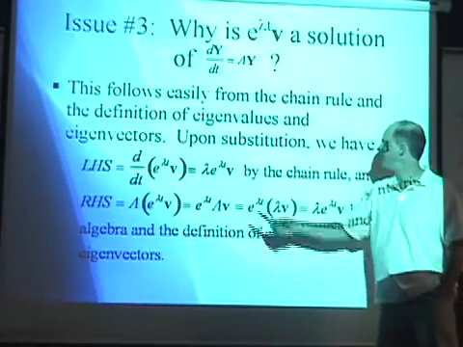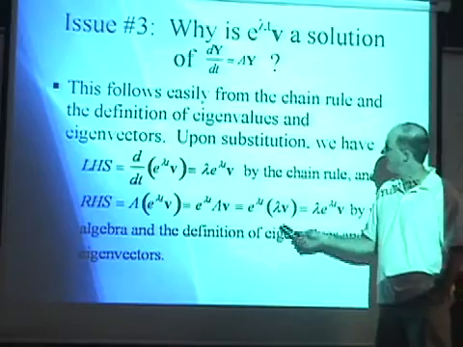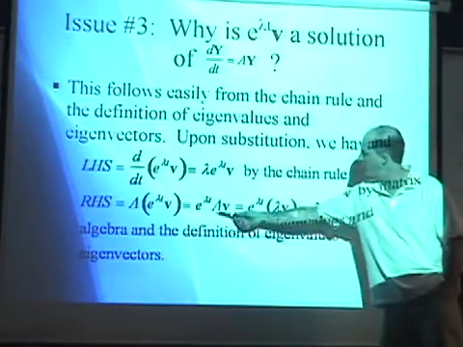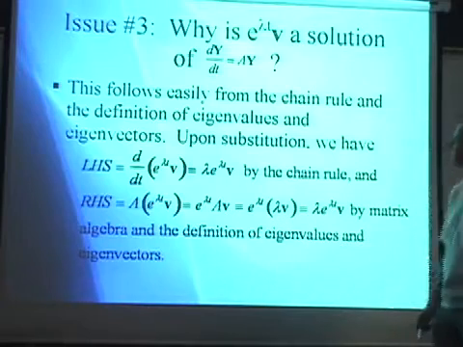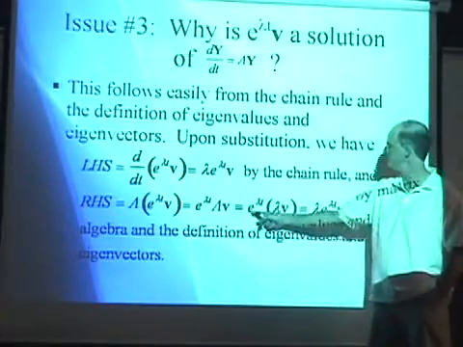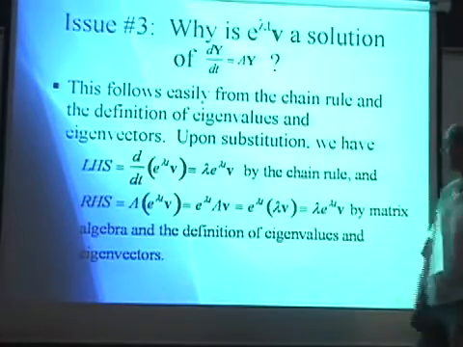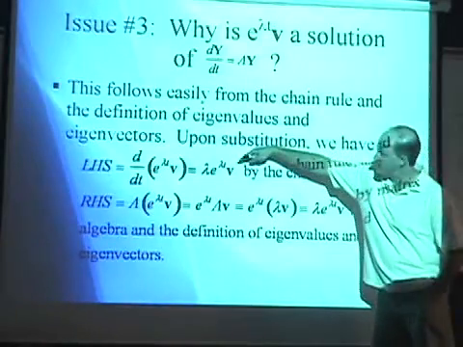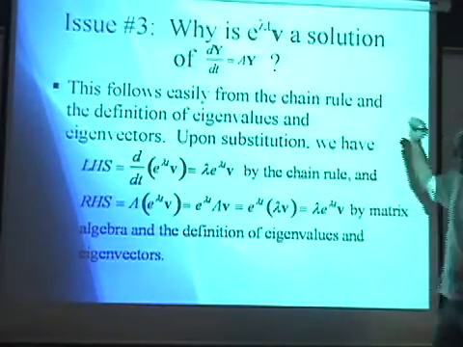Now use the fact that v is assumed to be an eigenvector for some eigenvalue lambda, so therefore we can replace A times v with lambda times v. And then once again use a multiplicative commutative property to rearrange this, switch around the lambda and the e to the lambda t to get this, which matches this up here.